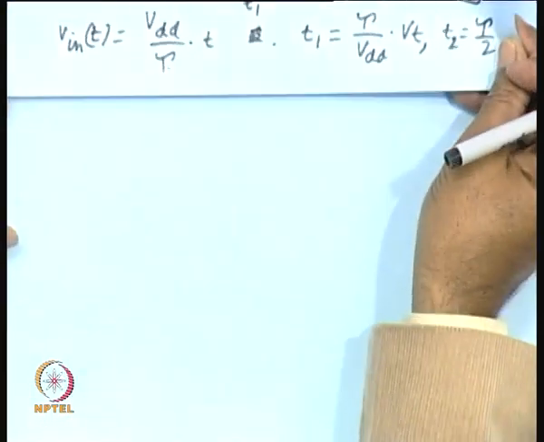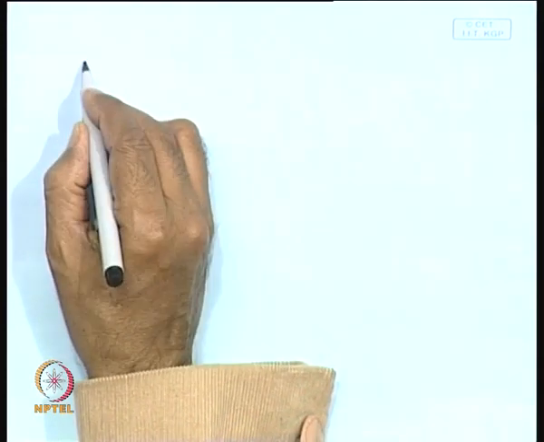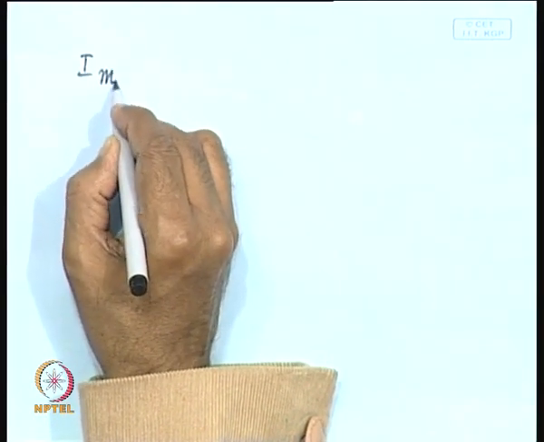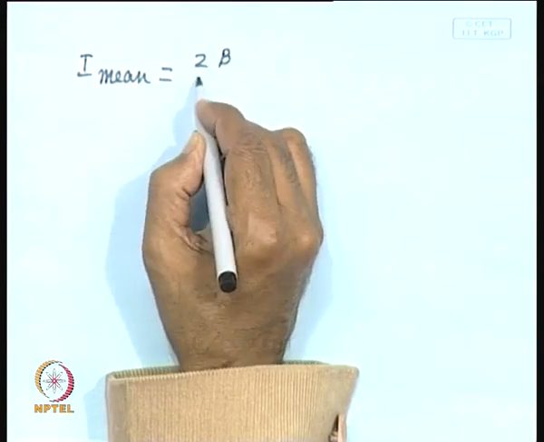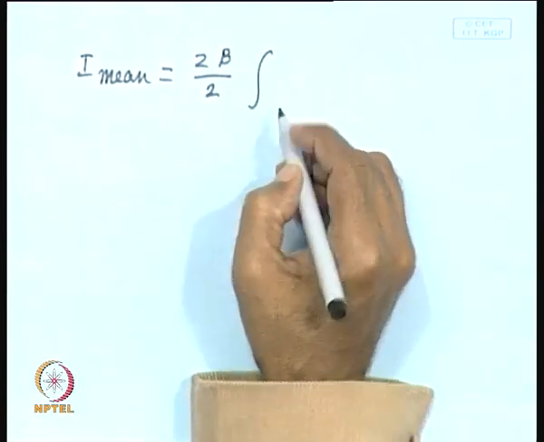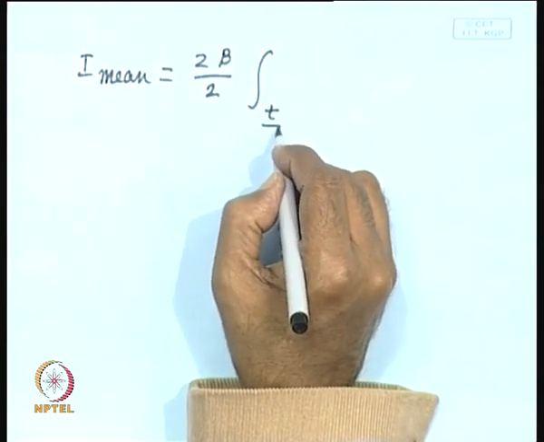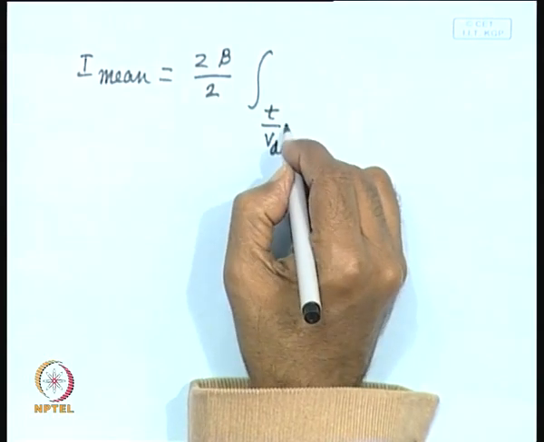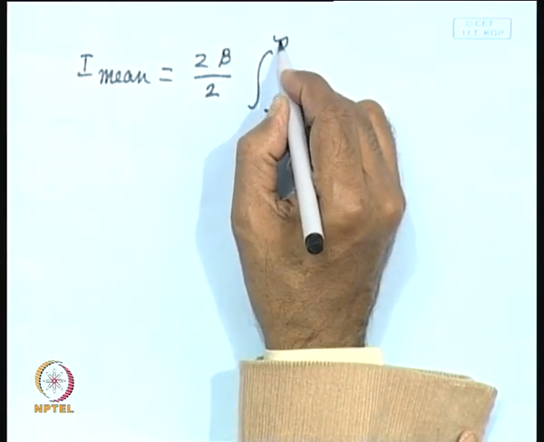So, after substitution what we shall get is I mean is equal to 2 beta by 2, then the limits run from tau by VDD into Vt to tau by 2.